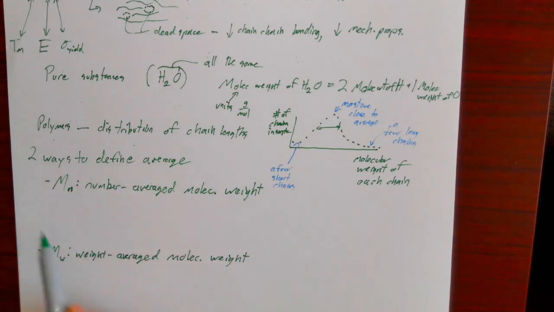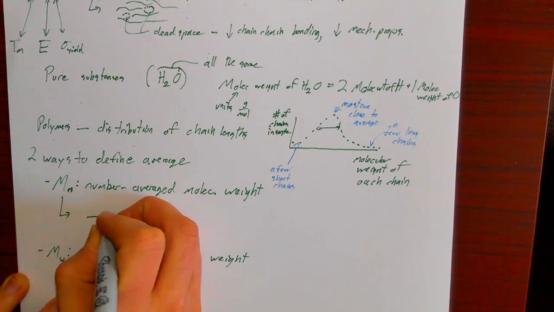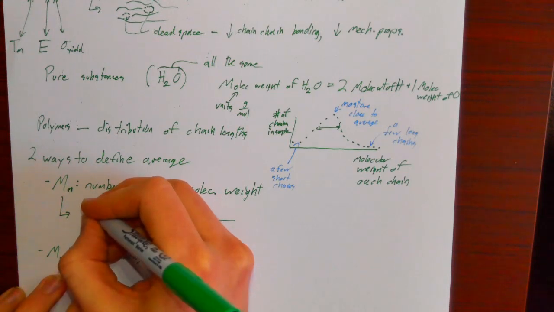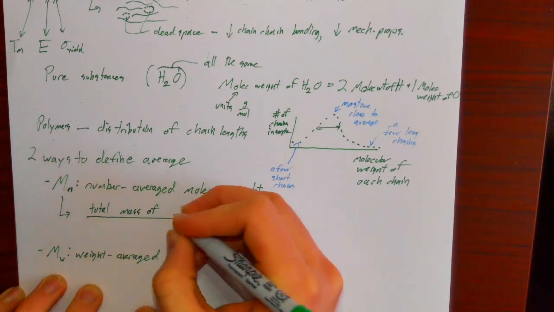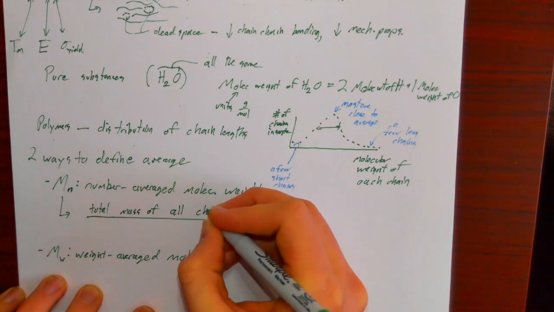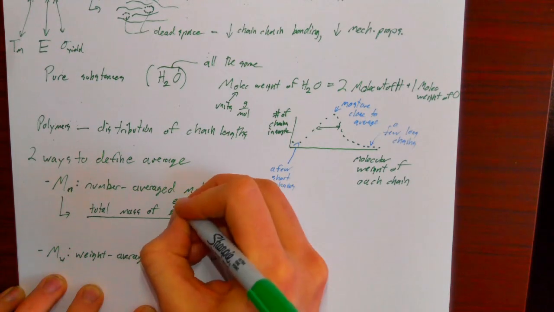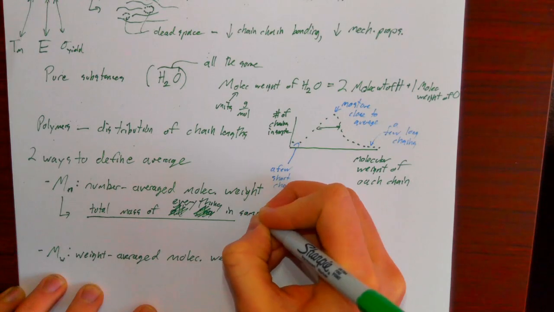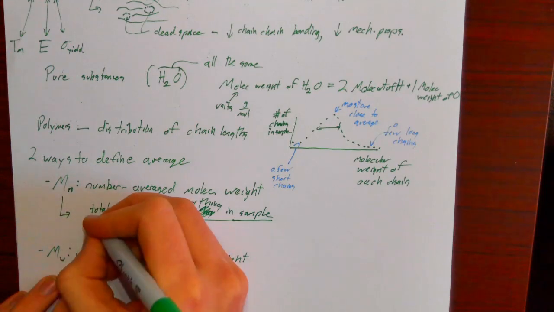If I were to think about each of these definitions roughly qualitatively, M sub n is the total mass of everything in the sample divided by the total number of molecules in the sample.